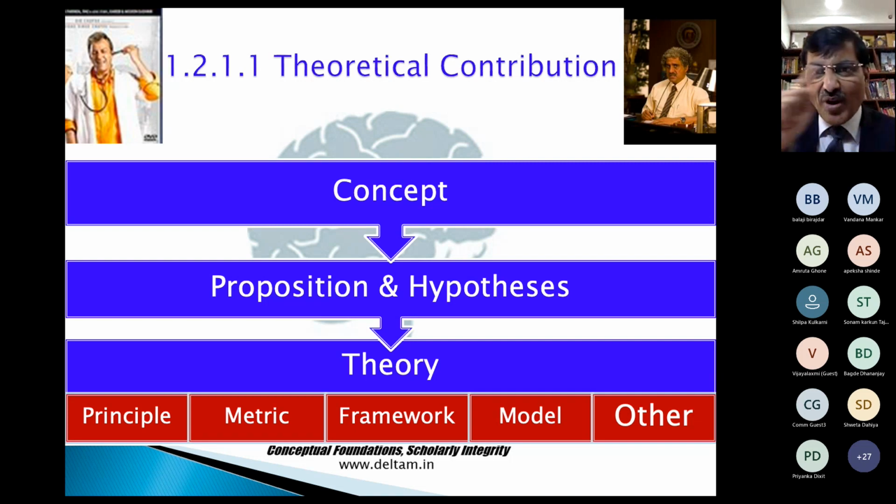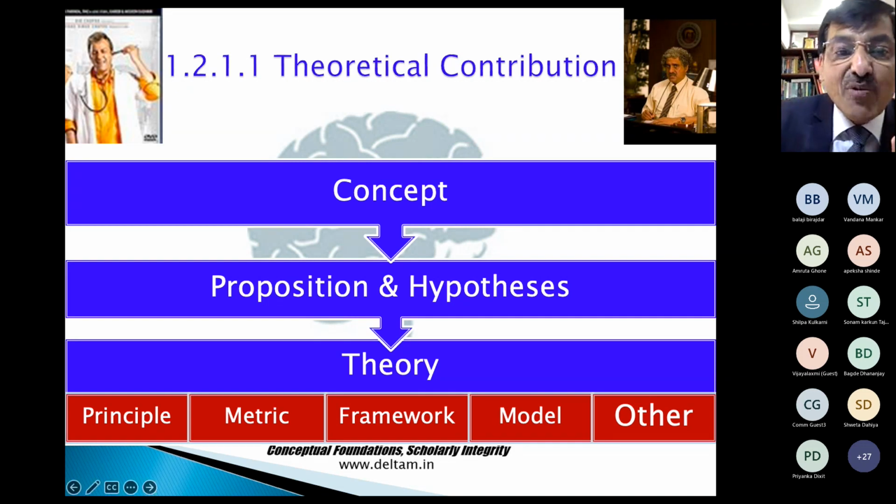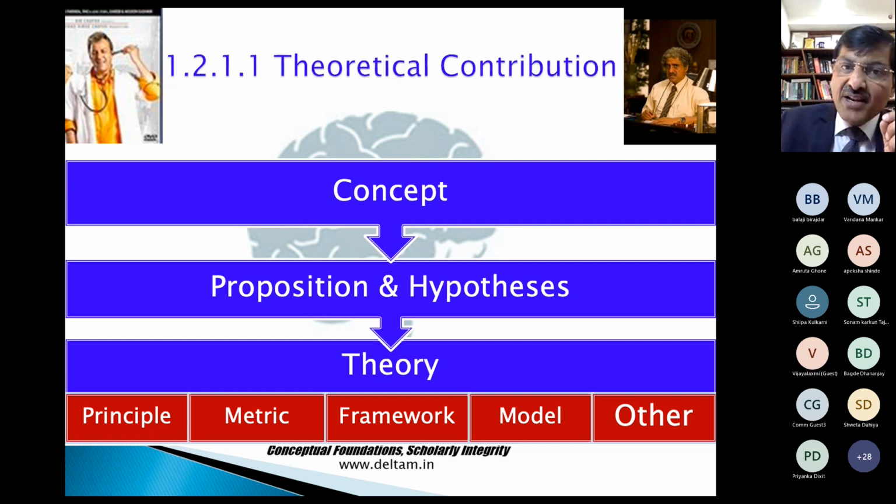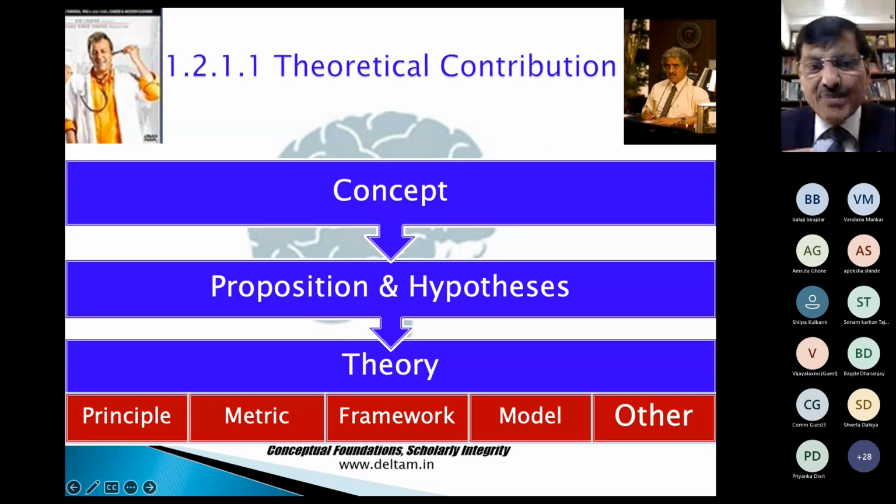And you connect these concepts and say that there is a positive relationship between market expansion strategy and financial performance of a company. So when you connect two concepts together, you create what is called a proposition, or a hypothesis. And several propositions and hypotheses put together create a system of explanation, which is called theory.